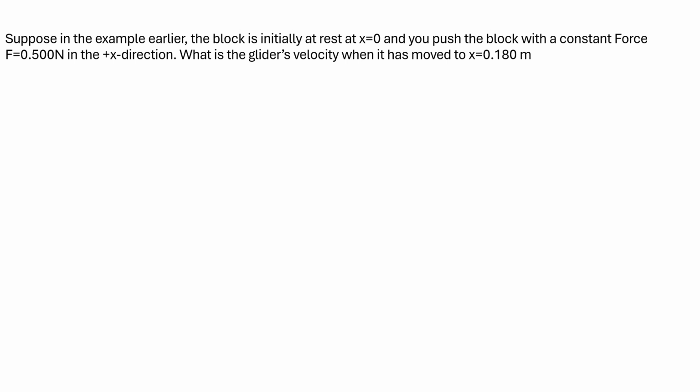Okay, so suppose in the example earlier, we have the block initially at rest. So that is in this part, and then this is the spring. This is our x equals 0, and this is our air track.